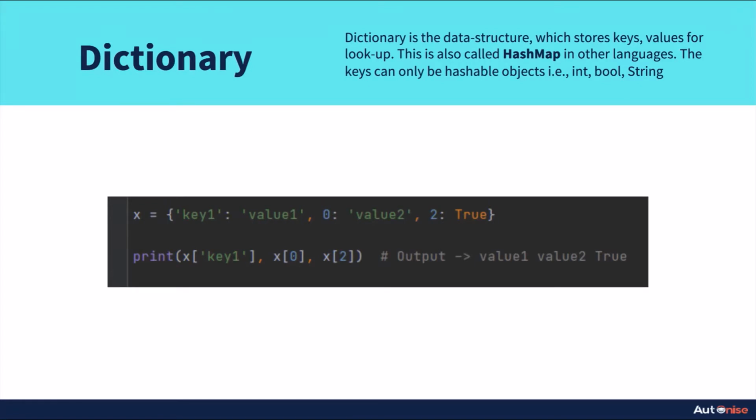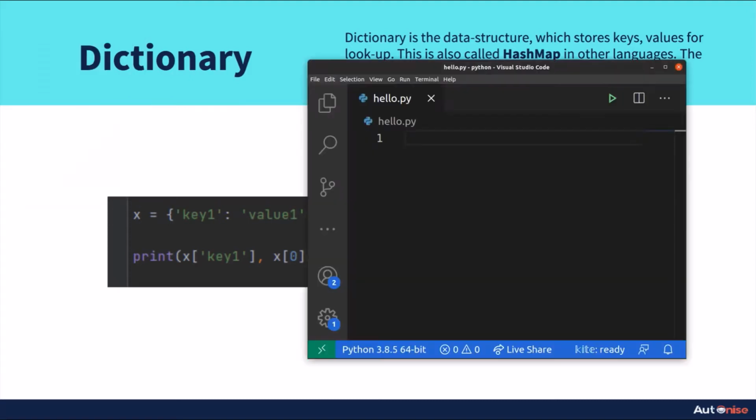So we studied different types of data structures inside Python. Now let's use these data structures with a for loop so we can get a better idea about actual programming. Let's open the text editor and have a small recap of the use of data structures with a for loop.